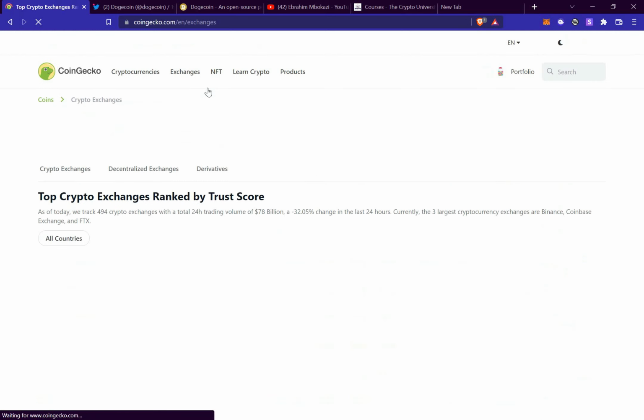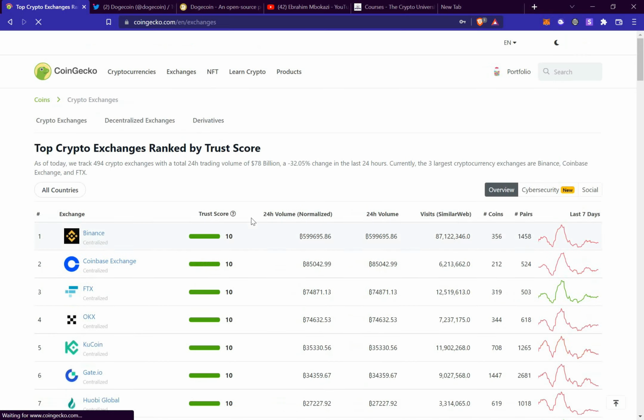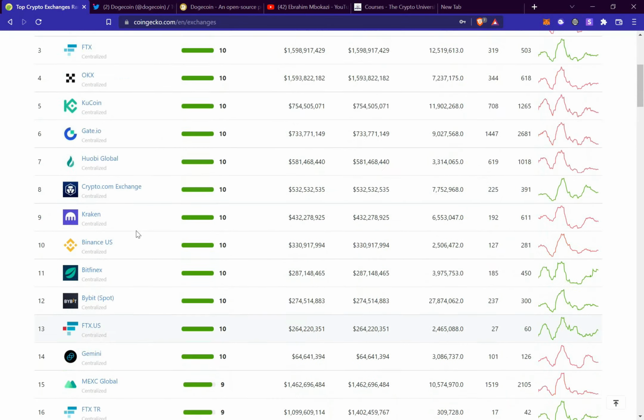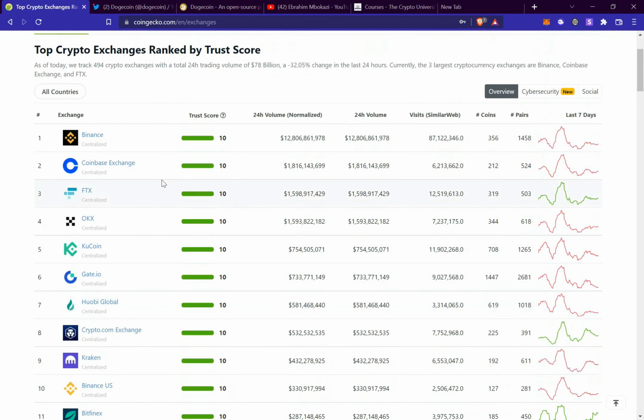It will show you all the centralized exchanges, rated from 1 all the way to 100 if I'm not mistaken, and these exchanges are rated by trust score. So as you can see, Binance is at number 1 with a trust score of 10, followed by Coinbase with a trust score of 10, followed by FTX with a trust score of 10.